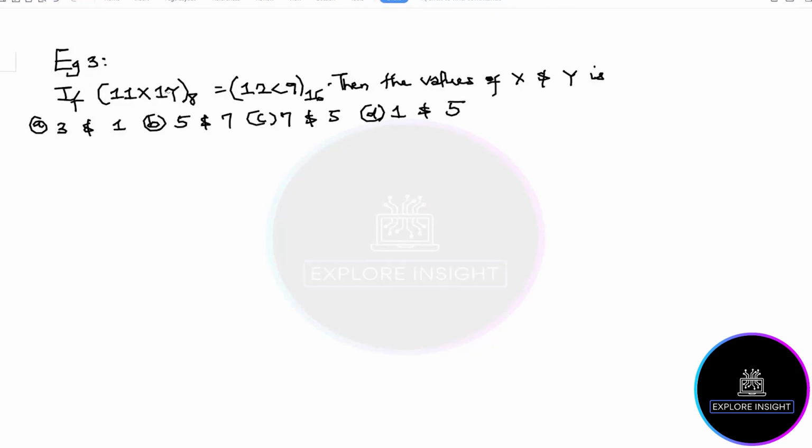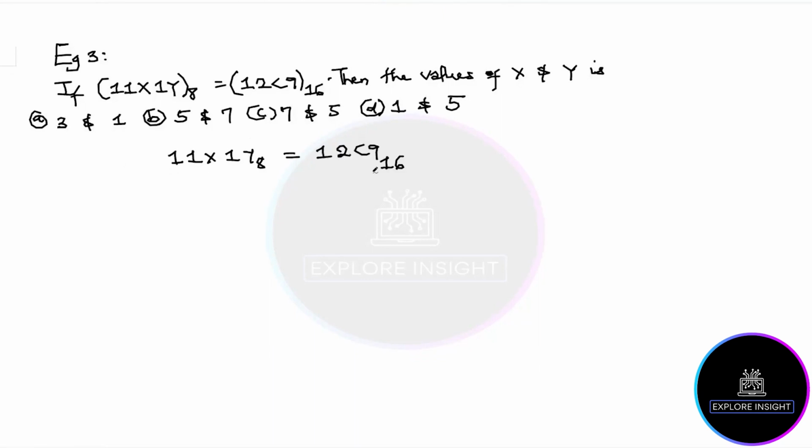So how do we solve this? Just like what we did in example 1 and 2. So the first thing to do is to bring out this equation. And now I'm going to start with the known value. This is the known value. Now we have 12C9 in base 16.